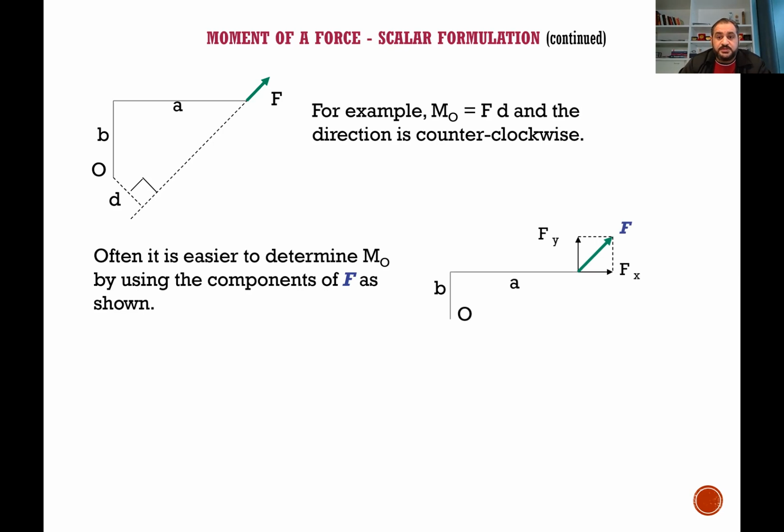So for this case, the F here is analyzed into Fx and Fy. You can see the component here for Fx, this is the arm, the perpendicular arm between Fx and point O, right? So this is the arm, and the rotation is going clockwise.